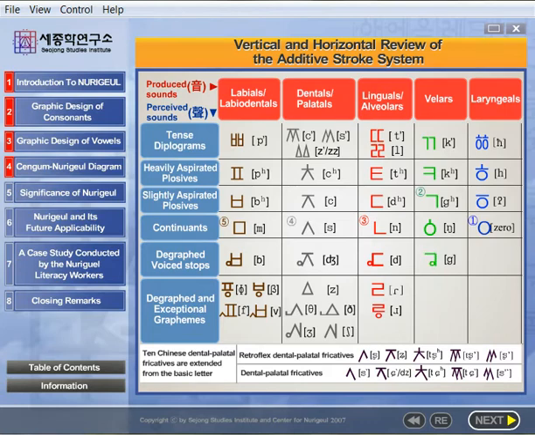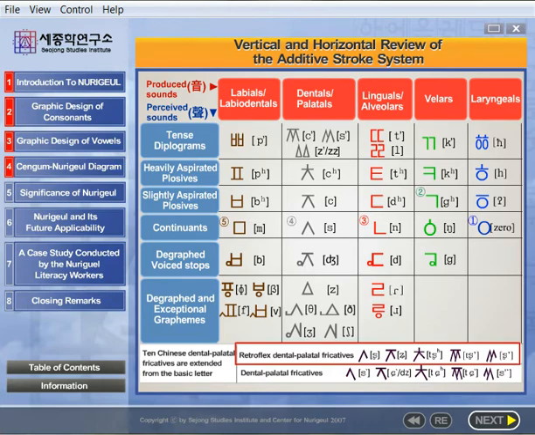G, D, J, B, R, Z, F, V, R, Th, Th, F, V, Sh, J.